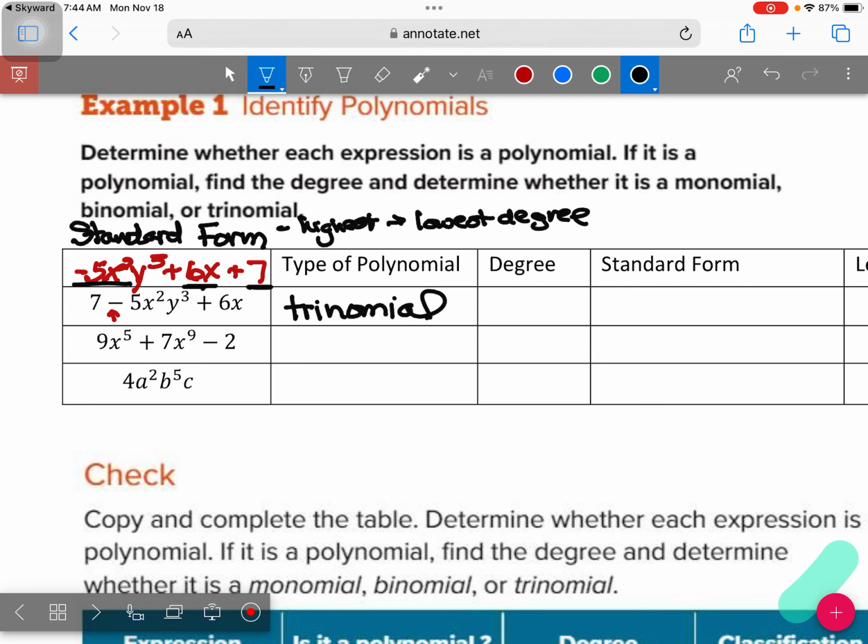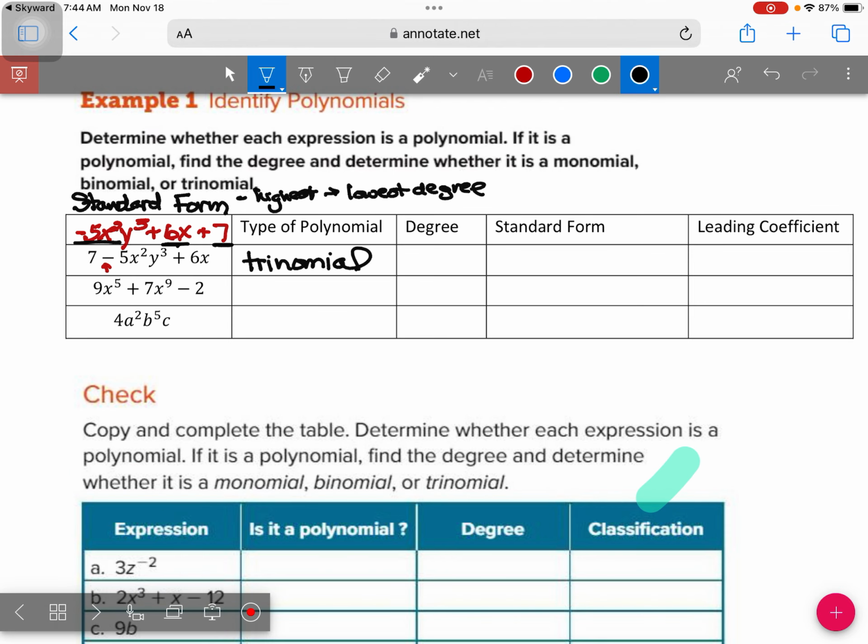The degree is the, oh shoot, I just noticed that. Standard form down here. Let's put standard form down here because we will have a lot more room. Negative 5x squared y to the third plus 6x plus 7. The degree of the whole polynomial is the degree of the term with the highest sum of the exponents.